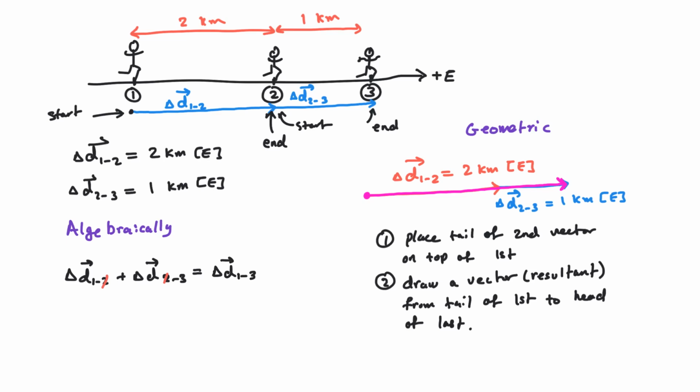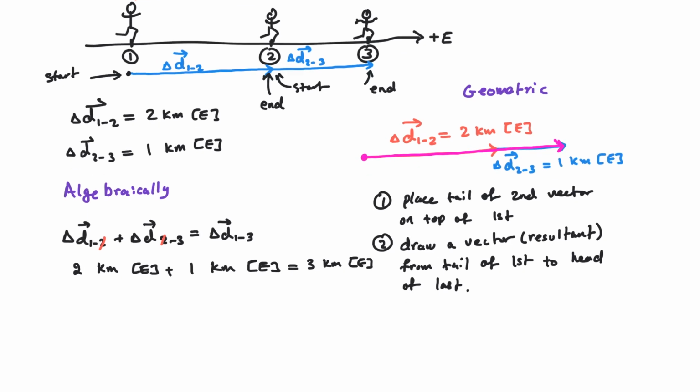So geometrically, this is how it looks, and algebraically, we can also write it as 2 kilometers east plus 1 kilometer east is equal to 3 kilometers east. And this makes sense geometrically. The person travels from 1 to 2 for 2 kilometers, and then 2 to 3 for another kilometer, totaling 3 kilometers from position 1 to 3.